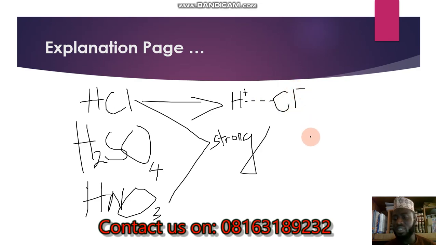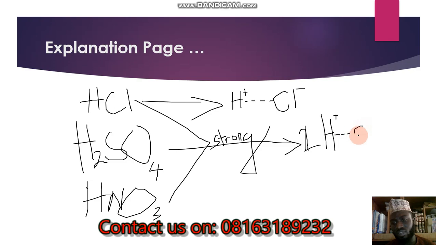We call it complete ionization because there's no more hydrogen attached to this chlorine. Likewise, for H2SO4, you have two hydrogen ions formed completely, then you have SO4 2-.